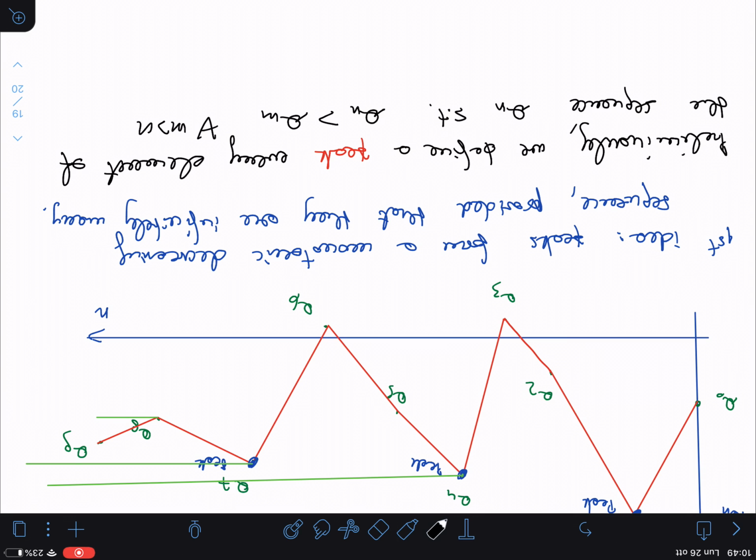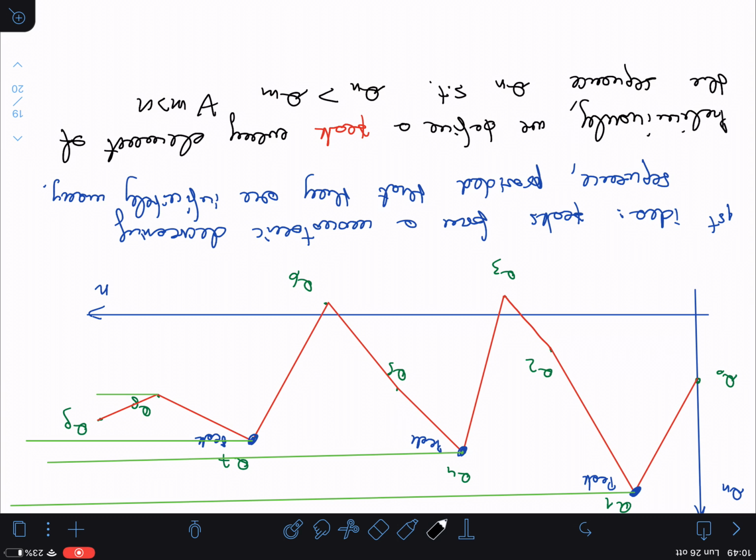This means exactly what I said. You look towards infinity and you don't see any other peaks because all subsequent elements are smaller than the peak you are on.